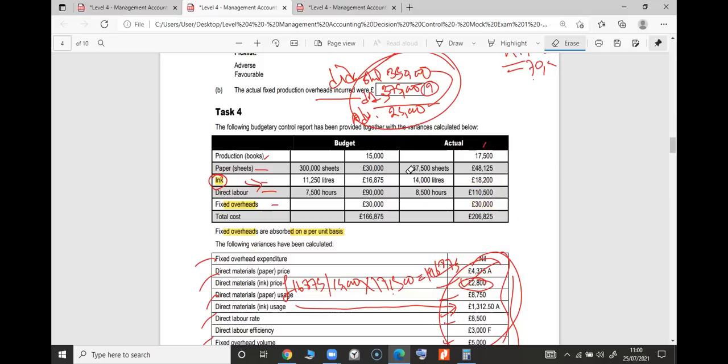This is your budget, including the fixed cost. Fixed cost should be based on per unit. So if you produce 15,000 units according to your budget, that should be your cost. If you produce 17,500 units, what should be your cost?